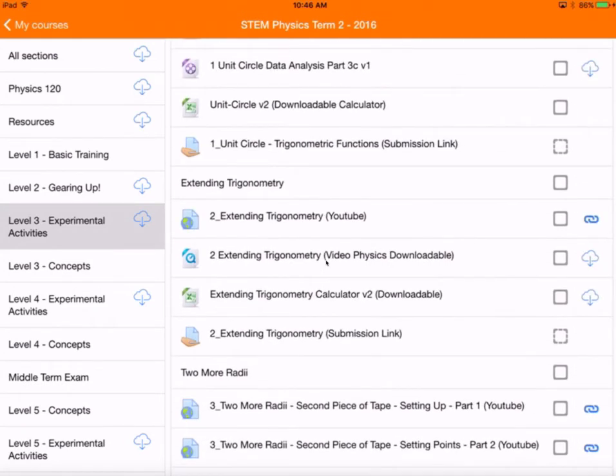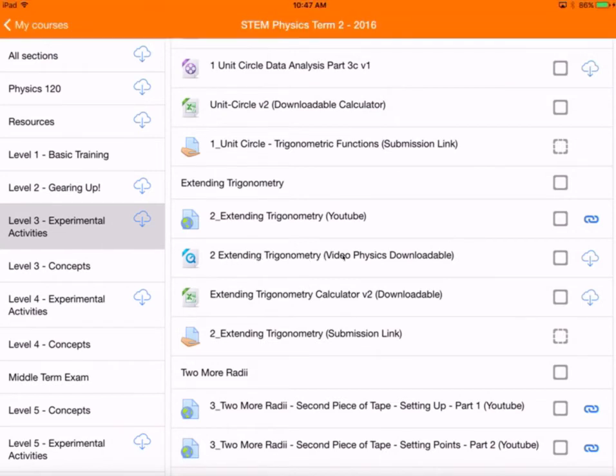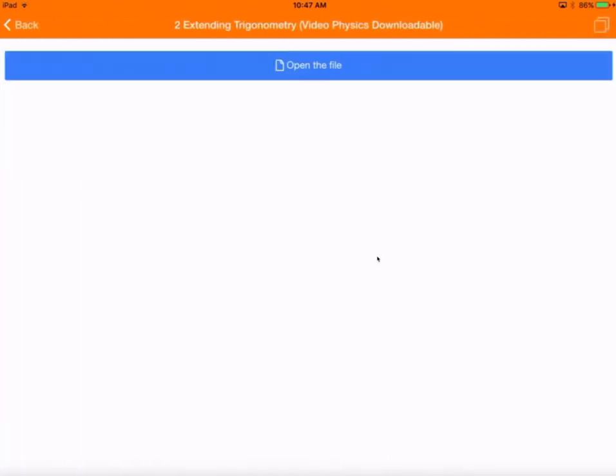We're under Extending Trigonometry. So you'll see Extending Trigonometry YouTube. You probably will see more videos. I'll probably have to break it up. And you'll see downloadables in there at some point. So we have this Extending Trigonometry video, physics video downloadable. I'm going to download it just for your sake, okay?